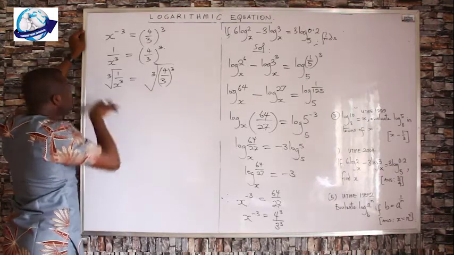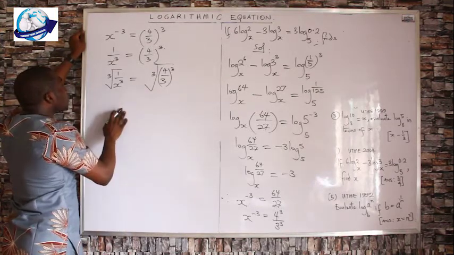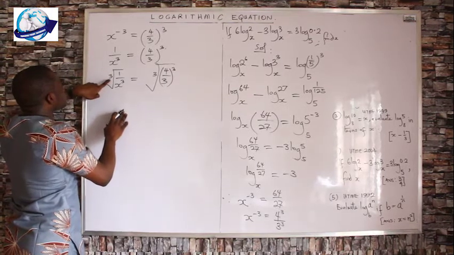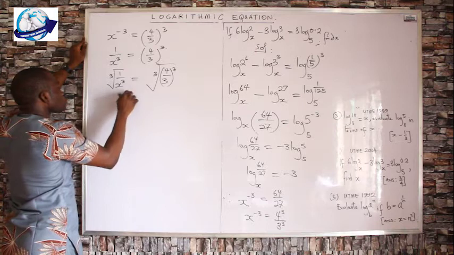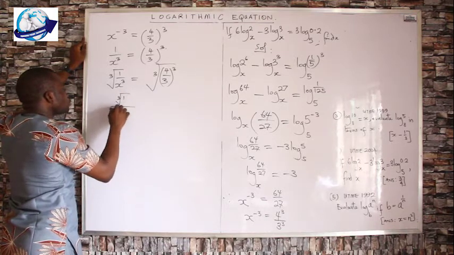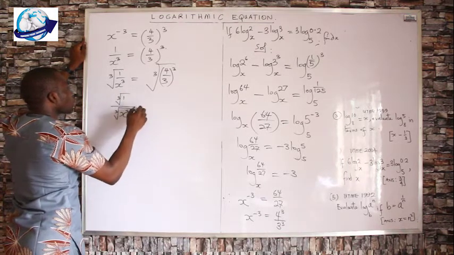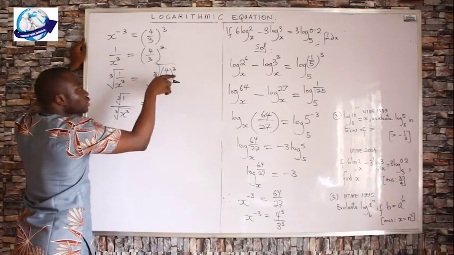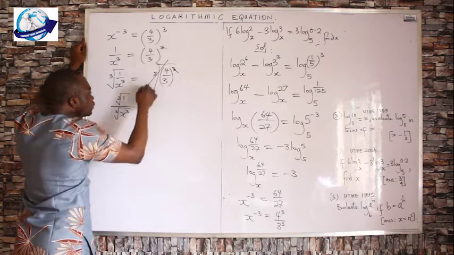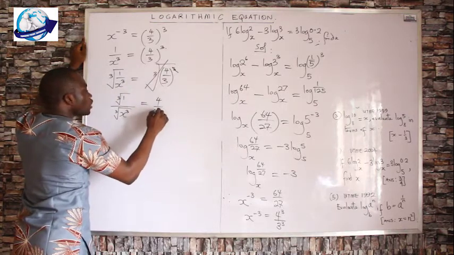Let's separate them. Let me be very clear now. Cube root of 1, cube root of x cubed. Then, we also have cube root of everything here. You have 4 over 3.